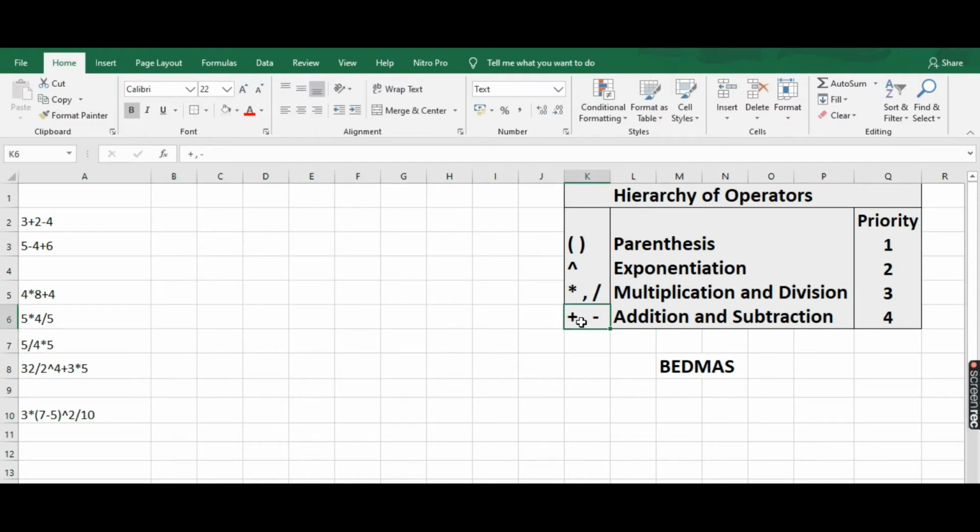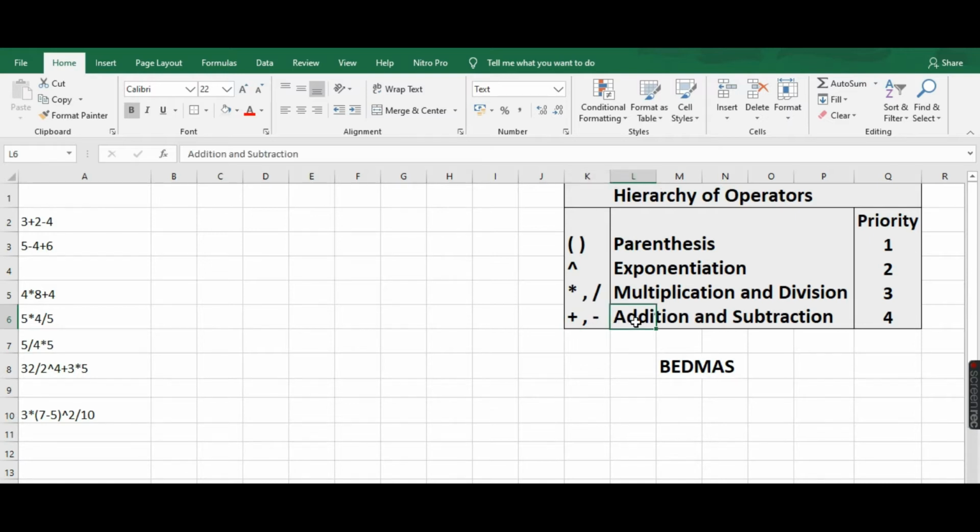Similarly, addition and subtraction get the least priority. For an expression containing addition and subtraction, these operations are evaluated last. Addition and subtraction both have the same precedence, but similar to multiplication and division, MS Excel evaluates these operators from left to right.